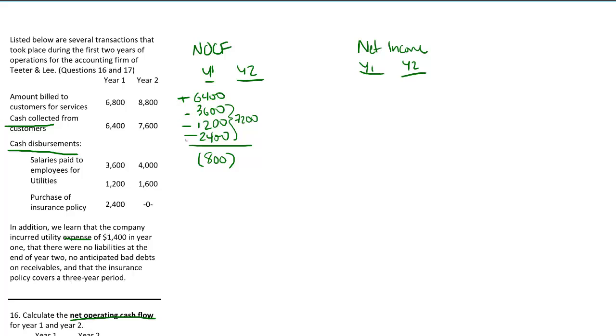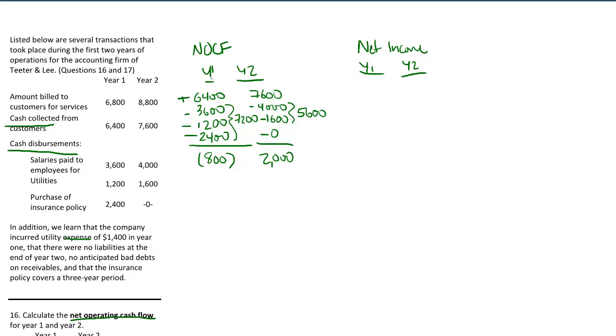So negative cash flow is $800. In year 2, we have 7,600 in cash received minus 4,000 minus 1,600 minus 0. So our total expenses here are 5,600. So 76 minus 56 is going to be $2,000 here.